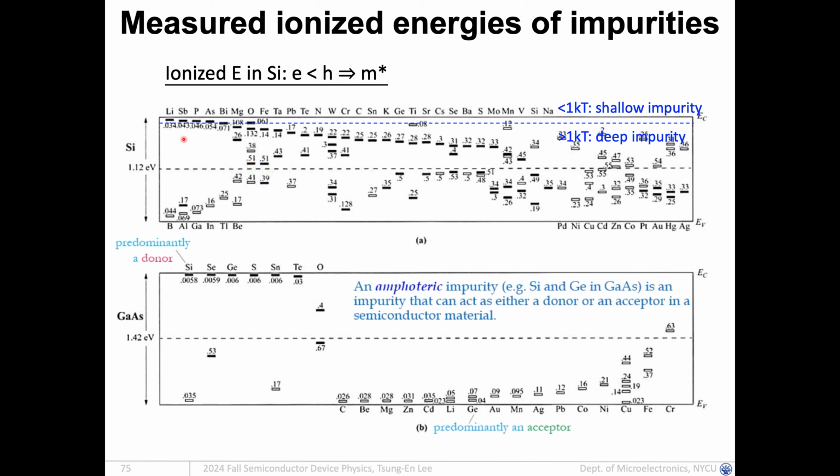And generally, for the ionization binding energy in silicon, the electron's is smaller than the hole's. It is because the effective mass of the electron is generally lower than that of the hole. So for silicon, that's why it is easier to provide the donor in the conduction band than the acceptor.